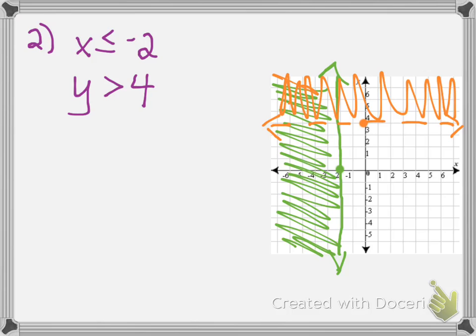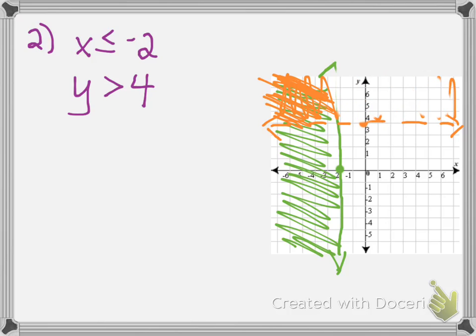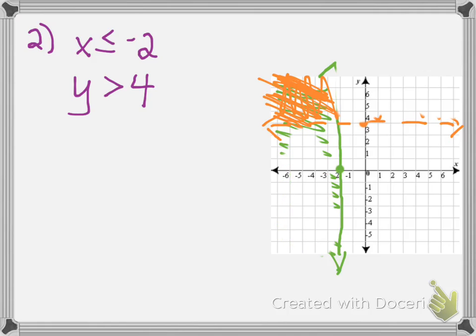Where they are in common is this little piece up here in the corner. So you don't need any of this if you are using pencil. And that would be your answer.